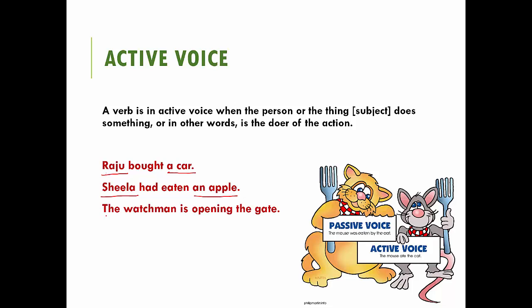The next sentence reads, the watchman is opening the gate. The watchman is the subject and gate is the object. Here in these three sentences, what do we see? Whether it is Raju or Sheila or the watchman, the three different subjects, they are directly performing an action. And therefore, these sentences are said to be in active voice.